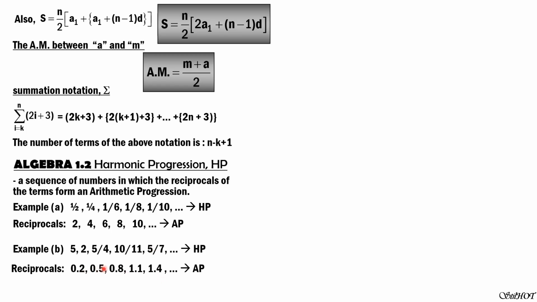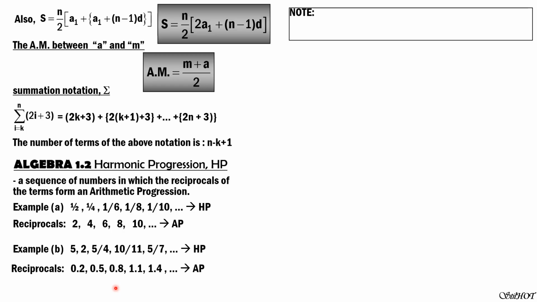This time, the series is in arithmetic progression because the adjacent terms form a common difference, which is 0.3 in this case. So once the series is detected as harmonic progression, obtain the reciprocals of the terms and apply the concepts, principles, and formulas derived for an arithmetic progression.